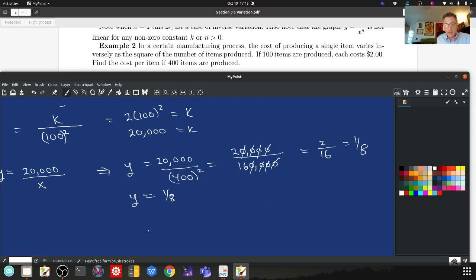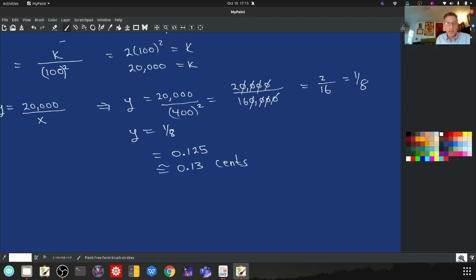And so y is equal to 1/8. In this case, that's 1/8 of $1. And 1/8 is exactly 0.125. So the cost is approximately 13 cents. But I'm not quite done with this problem yet.